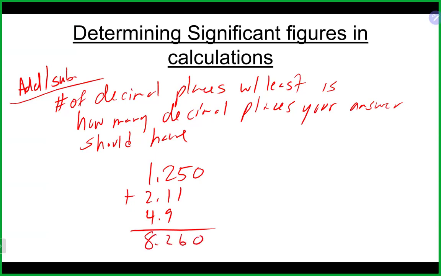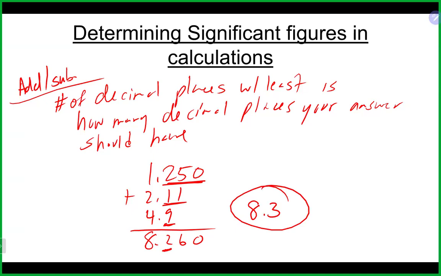So here we're adding, so we're not looking at significant figures, we're looking at decimal places. This one has 3 decimal places. This one has 2 decimal places. This one has 1 decimal place, which means our answer should go to 1 decimal place. That would give us 8.3 on the round, right? When we round it, that has 1 decimal place, but how many significant figures? 2. Yeah, so keep that in mind because that's important.